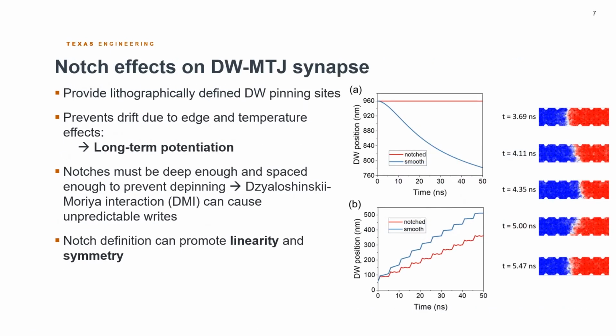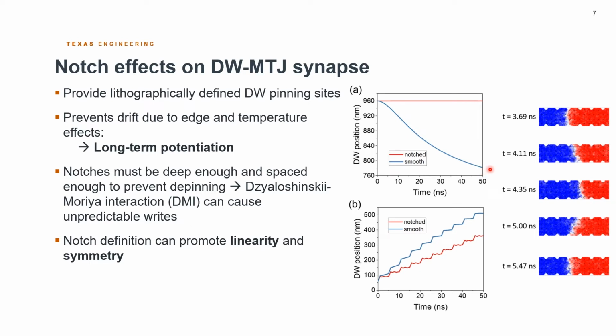We include notches in our design to provide lithographically defined domain wall pinning sites. For example, they can prevent drift due to edge and temperature effects, as shown in this figure here, where if we spawn a domain wall at the edge of a track, it stays within a notch in the notched sample, and it drifts towards the center in the smooth sample, which is bad for memory applications.